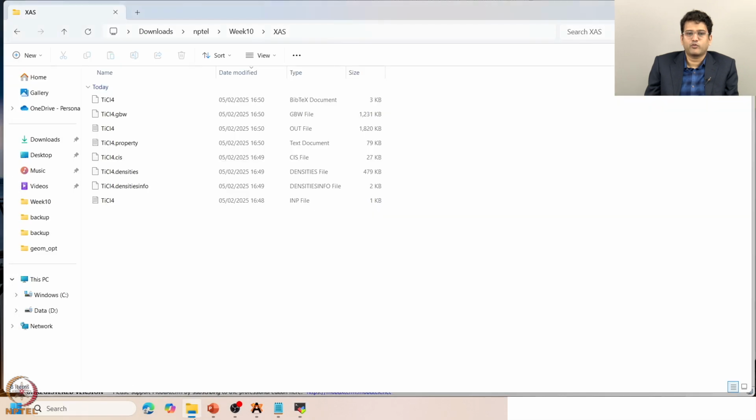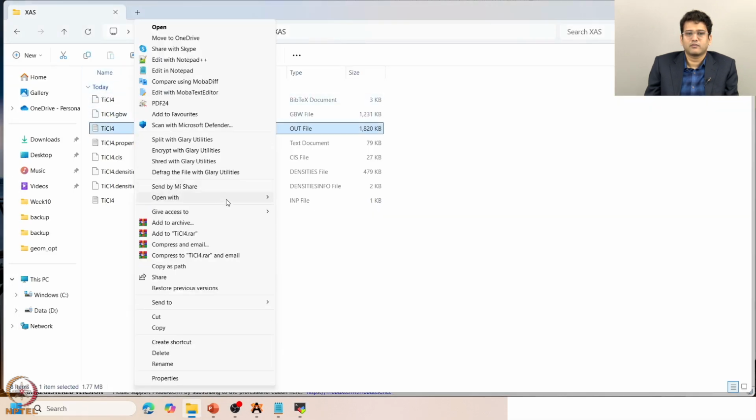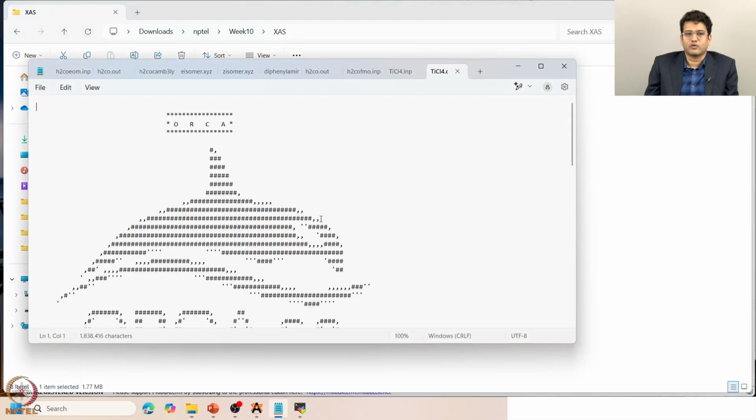So, let me open the output file with Notepad.